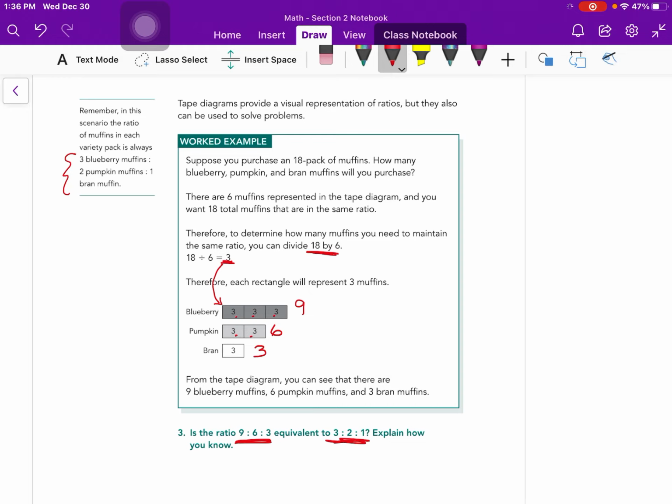Why, yes, I believe it is, because if I had 3 to 2 to 1, and I times them by 3, I would get 9 to 6 to 3. So yes, they are equivalent, and this is how equivalent ratios work.